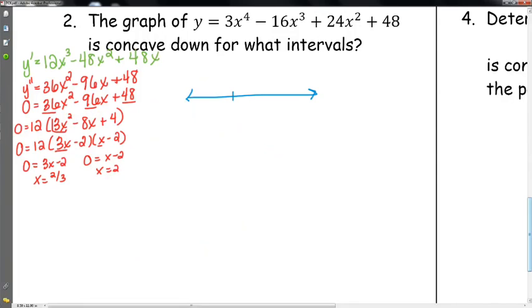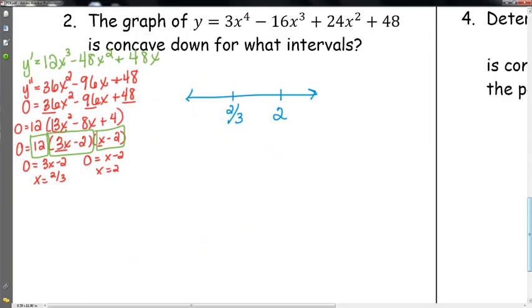And so here on my number line, here's 2/3. Over here it's going to be 2. And again, we're going to be listing our factors. And so my factors in this case are going to be: I have one factor of 12, another factor of 3x minus 2, and finally, a factor of x minus 2.